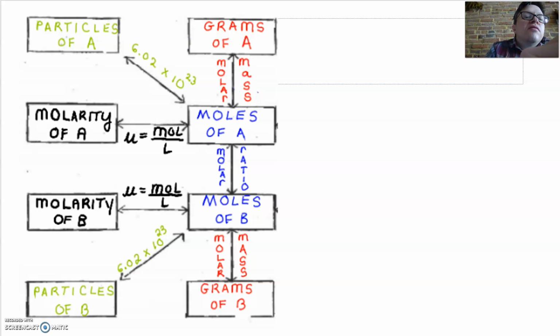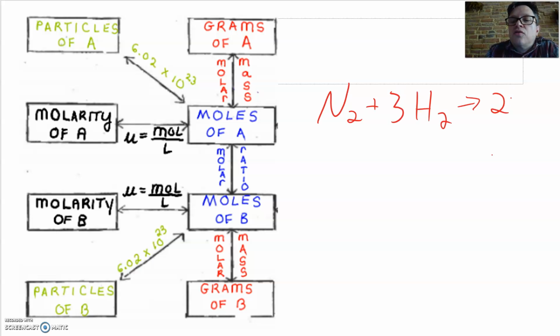We have 1 nitrogen gas plus 3 hydrogen gas molecules will create 2 ammonias. And depending on what the question is, it should be clear to you from the context which of these substances would be substance A and which would be substance B.